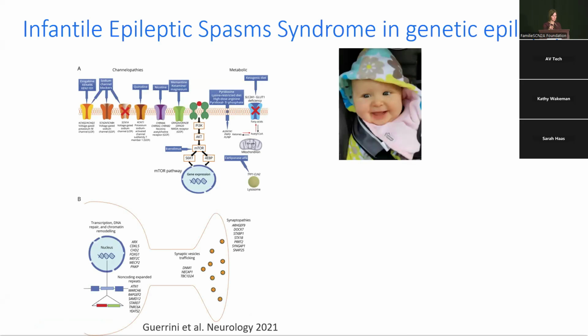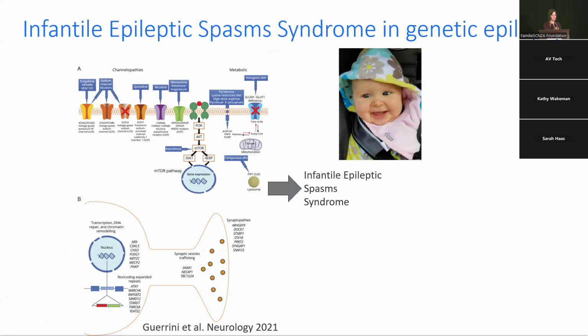So infantile epileptic spasm syndrome is not specific to SCN2A, as many of these syndromes. There are many of them. In that top left group, you probably can't read all the details there, and that's okay. SCN2A is one of what we call the channelopathies, so the different channels in the cell membrane that help chemicals get from one side to the other and regulate the electrical activity and the release of neurotransmitters that tell the brain to be more active or more quiet.